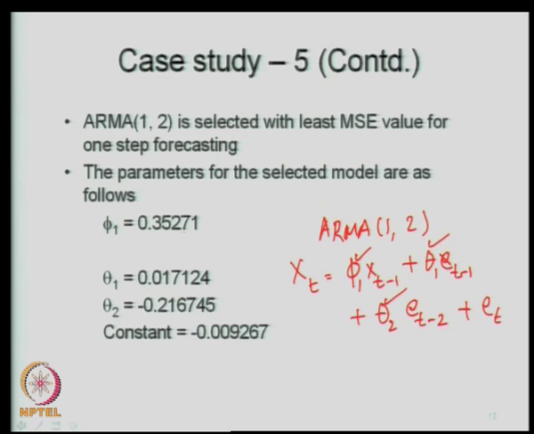Phi 1 is 0.35271, theta 1 is 0.017124 and theta 2 is minus 0.216745 and the constant is minus 0.009267.